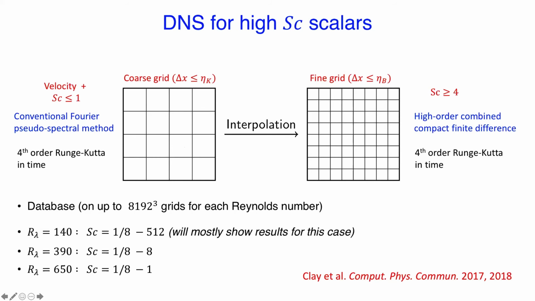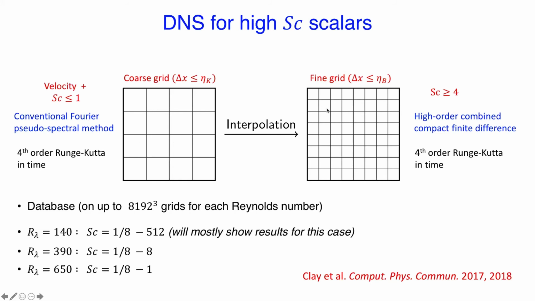So essentially, by decoupling the velocity and the scalar field on grids of different resolutions, we have alleviated the problem to some degree, because now we are not solving the velocity field on the very fine grid, which conventionally is what people do.